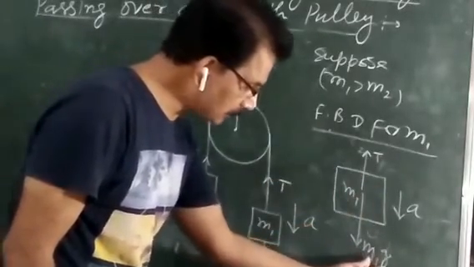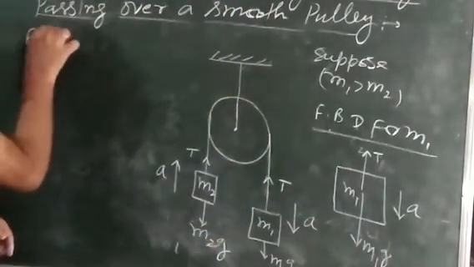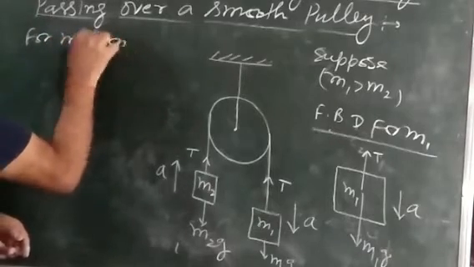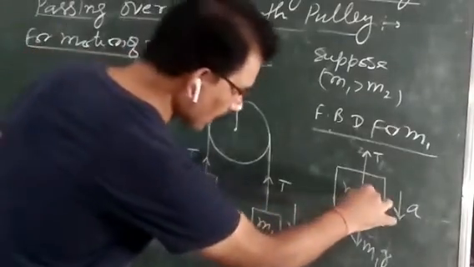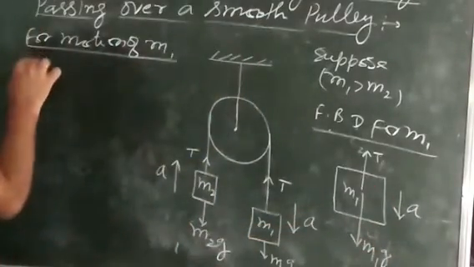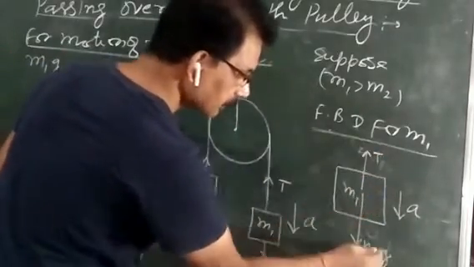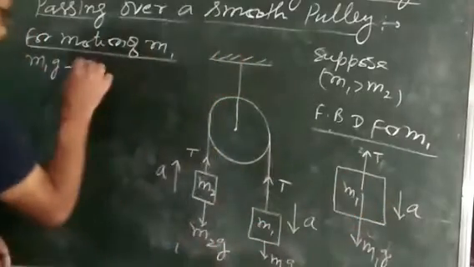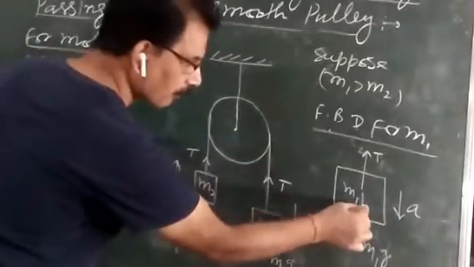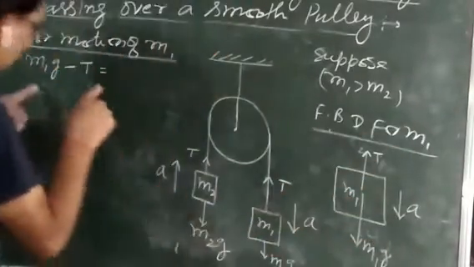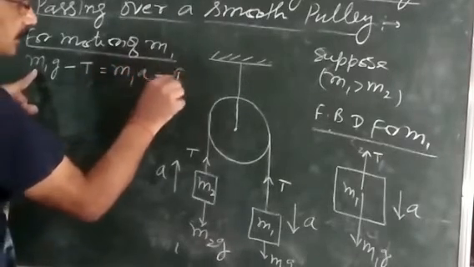So you will write M1g minus T. So what equation will you write here for motion of M1? Net force: M1g minus tension, which is acting opposite to it. So this M1g minus T is the net force acting on this mass M1, in what direction? Downward. And according to Newton's second law of motion, this net force is equal to its mass into acceleration.